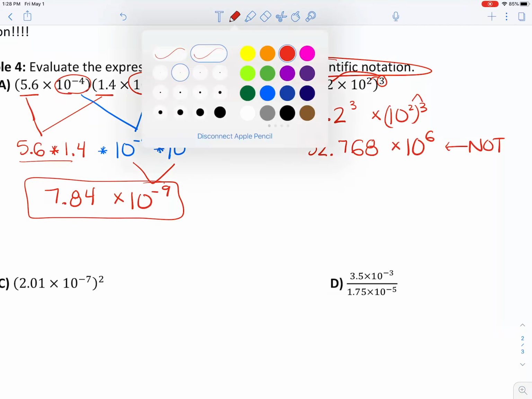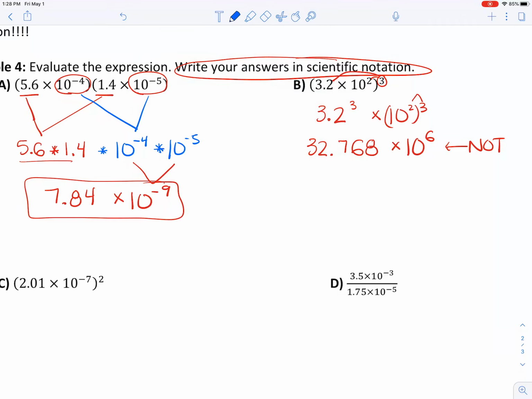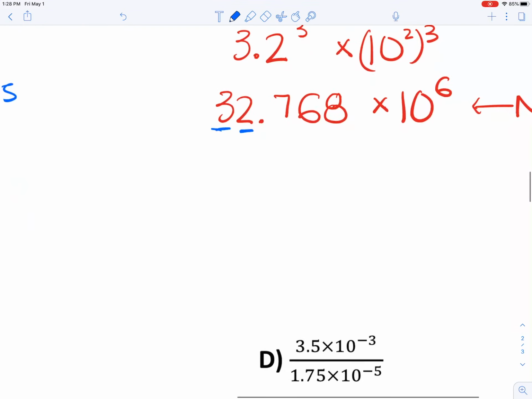Now this is not in scientific notation. Why is it not? Well, because of this. I have two numbers in front of the decimal point. In scientific notation, I can only have one number. So I need to move this one space this way.